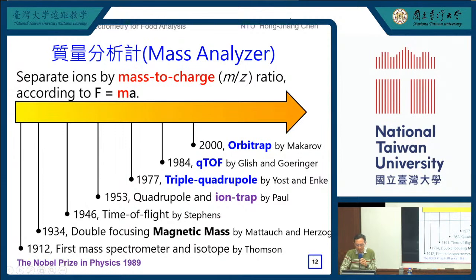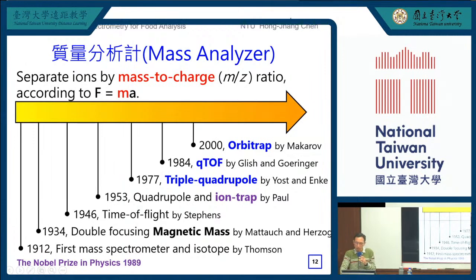Again, there are many types of mass analyzer, and different mass analyzers have different functions. The earliest mass analyzer is the sector, developed by J.J. Thomson and his assistants, who produced the magnetic sector. So the magnetic sector is the first type of mass analyzer.